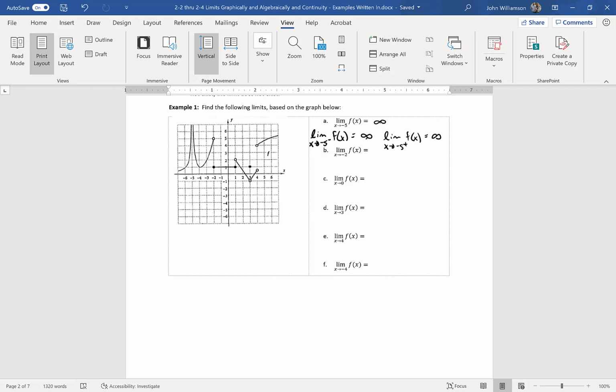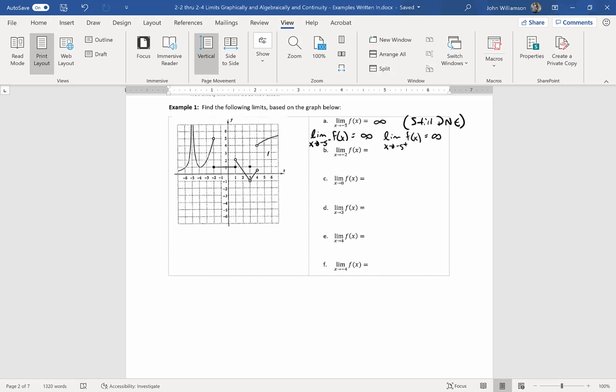We're just saying we know enough about the behavior. That's why we can write that it is going to infinity, but we're not saying that limit exists. So this limit still does not exist, even though the behavior is trending to infinity.